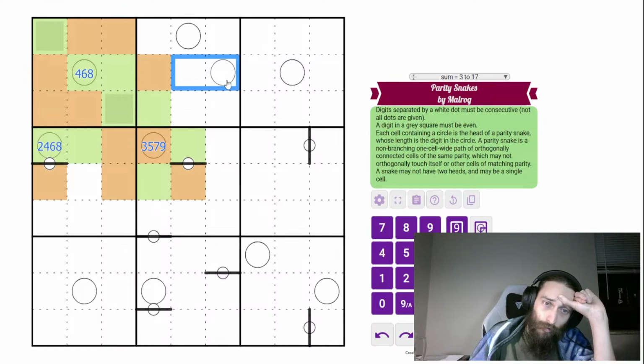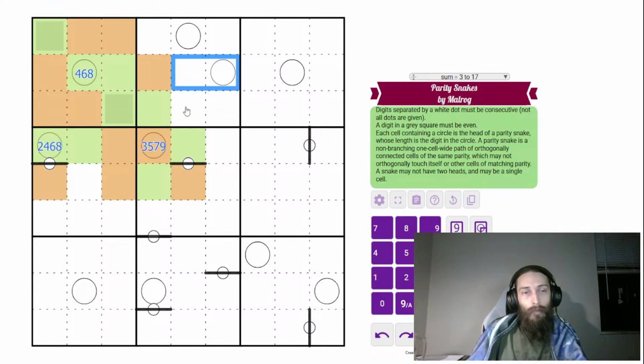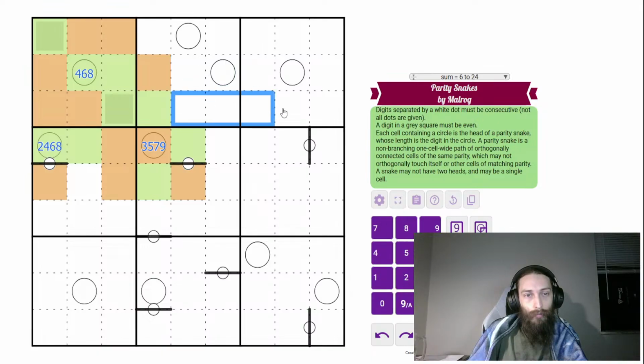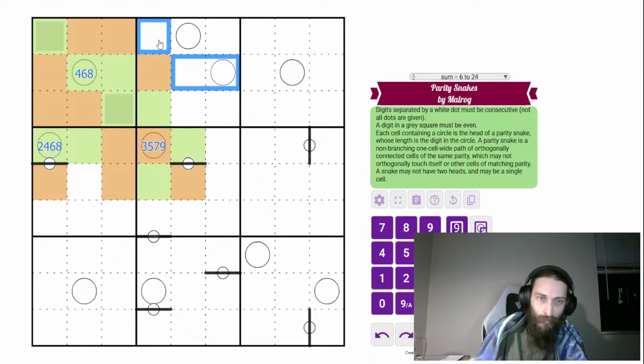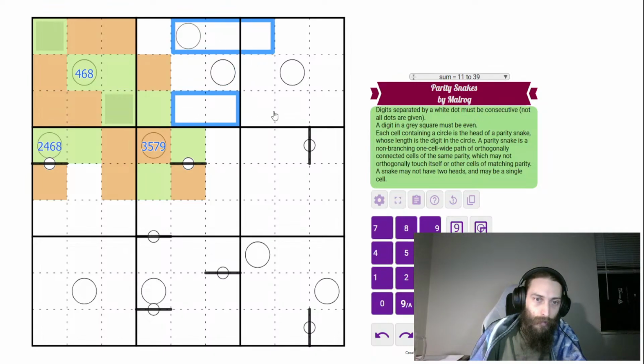That could be a 2 just fine, and that a 4. And then you'd have the rest be odds, and those even. That should probably be fine. I think that is 7.